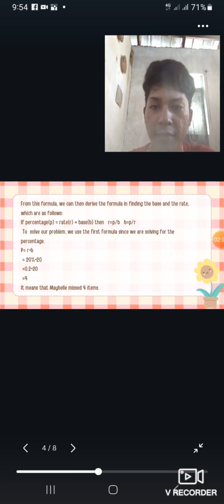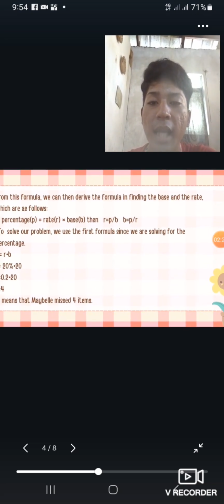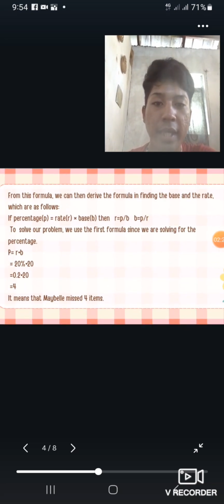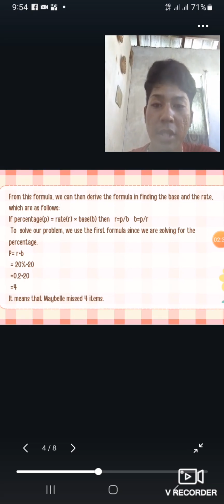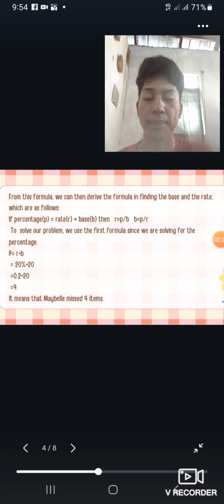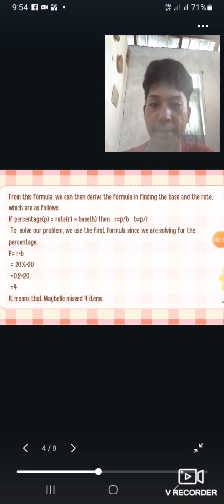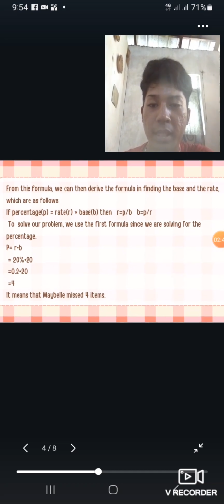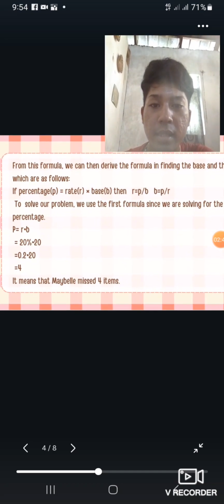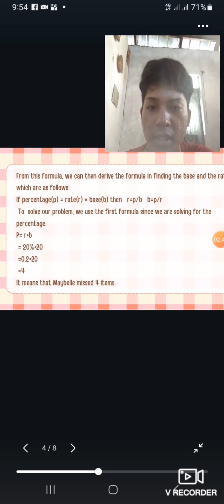So we have here, from this formula, we can then derive the formula in finding the base and the rate, which are as follows. So we have here the formulas. So paminaw jud ta para makuha nato ang problem sa ganina. And para mas sayon ma-solve, kabalo ta sa formula.